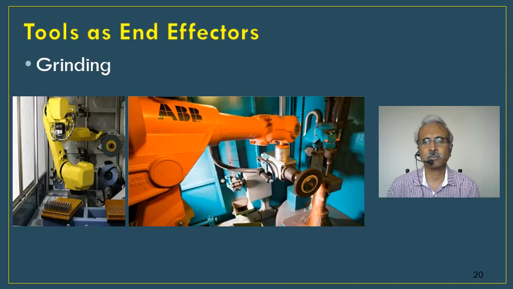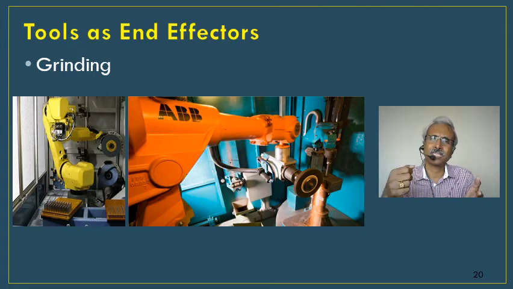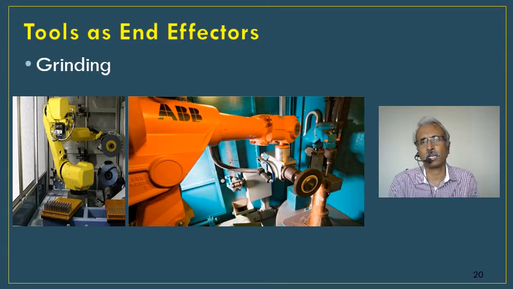So next is about grinding. Again, you can see the diagram itself is explanatory. The most important thing in grinding, especially when you are doing a finishing operation on a component, is the amount of force that you exert onto the object which is to be ground. That is to be uniform throughout the surface of the part of the component.